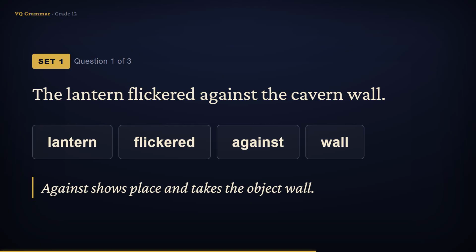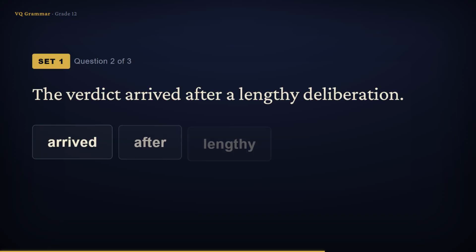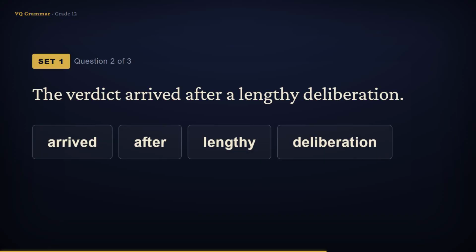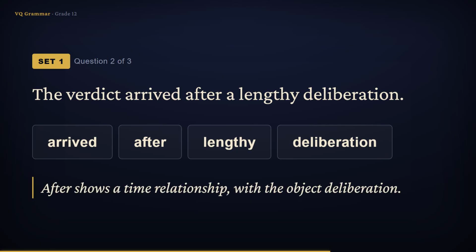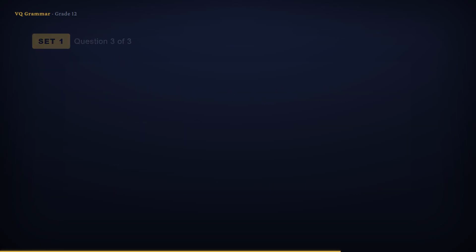Against shows place, where the flickering happened, and the noun wall stands right behind it as its object. So the preposition is against. Next, the verdict arrived after a lengthy deliberation. Look for the relationship word with a noun after it. After shows a relationship in time, and the noun deliberation follows it as its object. So the preposition here is after.